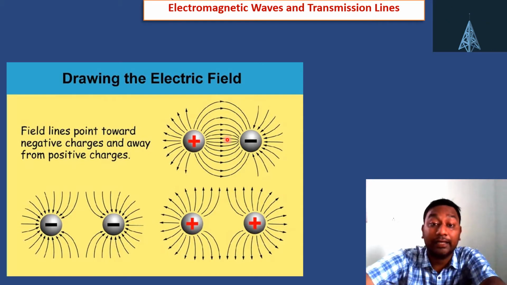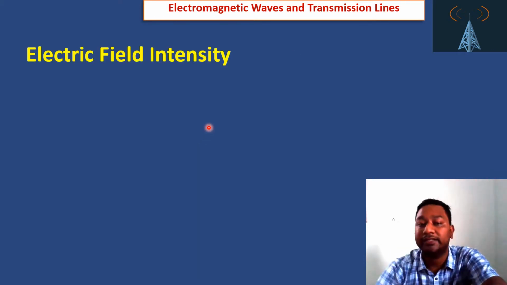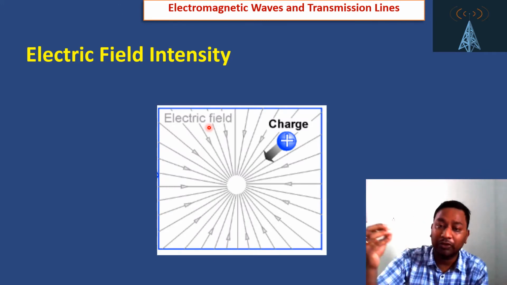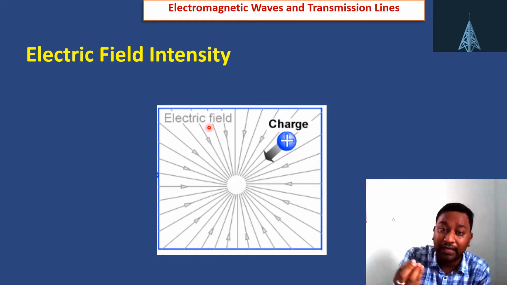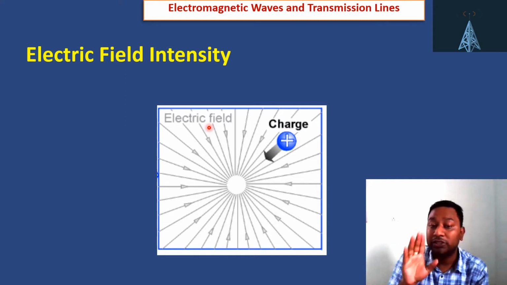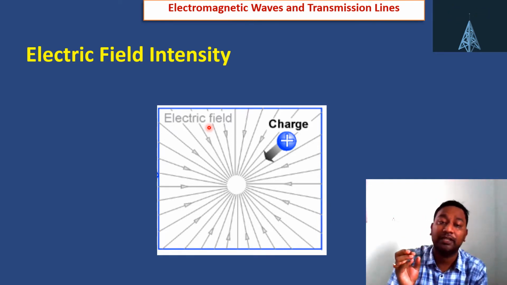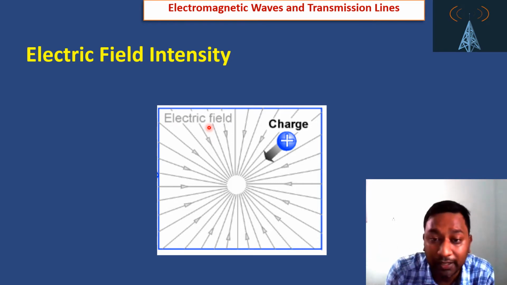Now we will discuss the electric field intensity. Whenever any charge is kept in the electric field lines generated by some other charges, how much force it will experience, that is called electric field intensity.